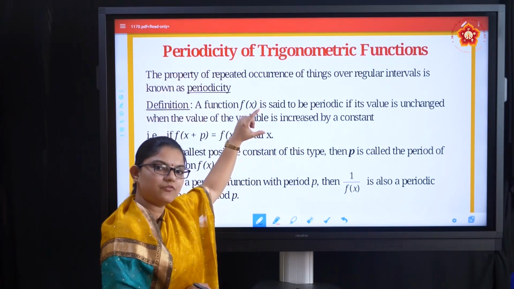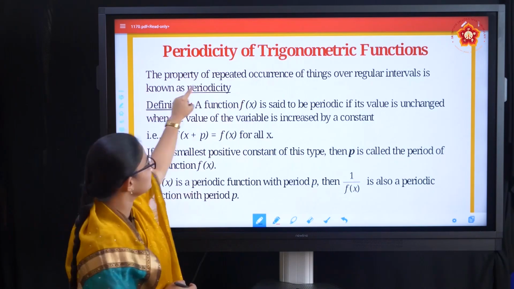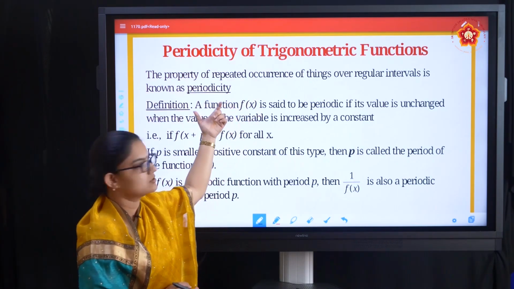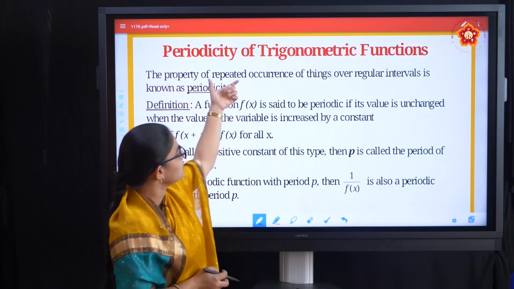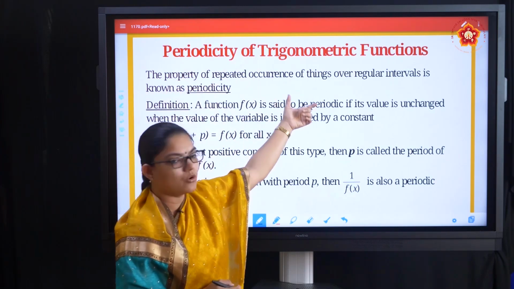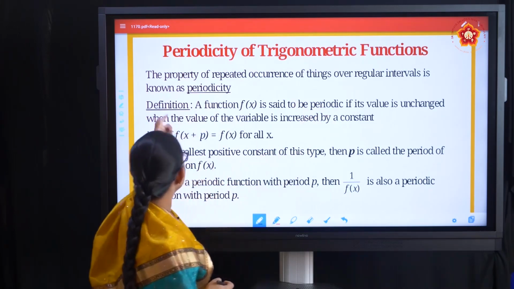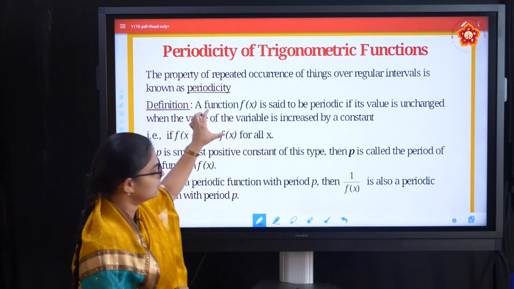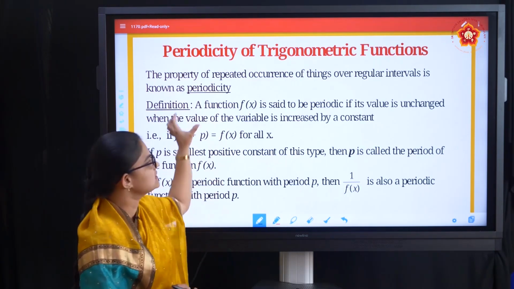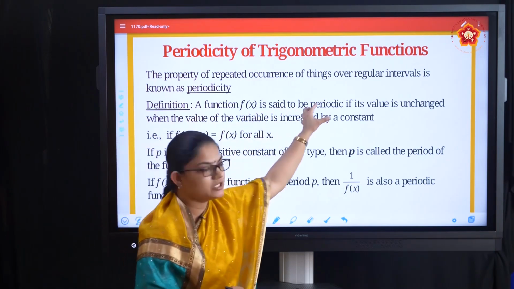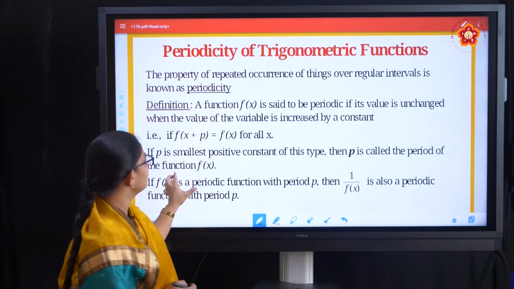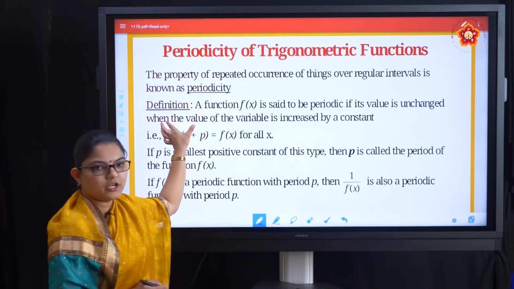Since we are considering a function, we can say the property of repeated occurrence of values. The property of repeated occurrence of the values over regular intervals is known as periodicity.